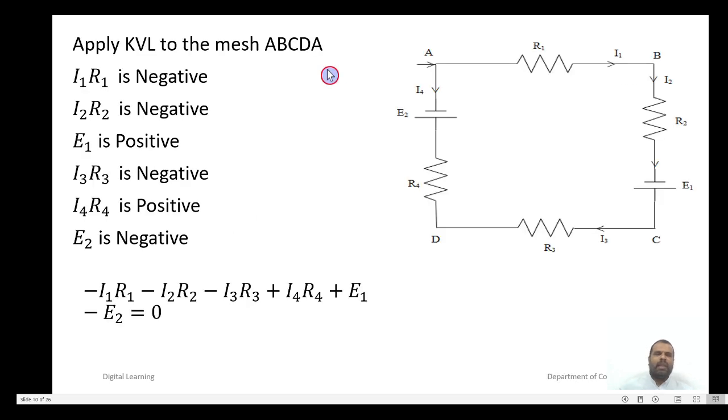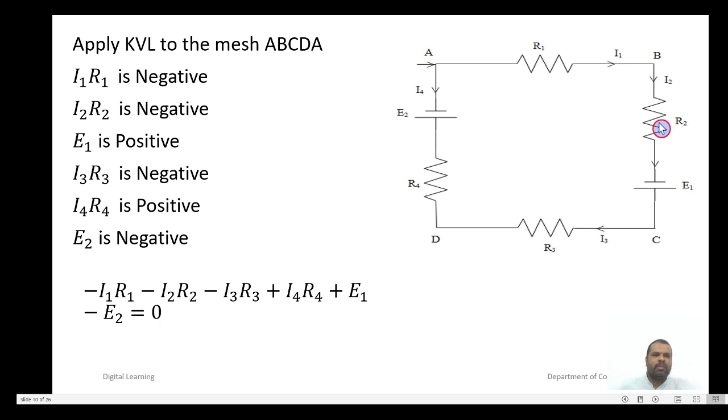Now, a circuit has been given to you. Apply Kirchhoff's voltage law to the mesh A, B, C, D, A. Here, I1 R1 is negative because we are moving in the same direction as the current.